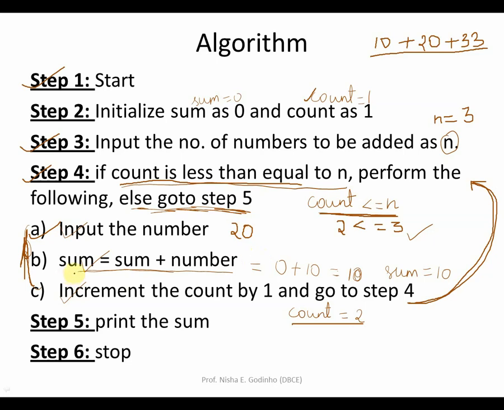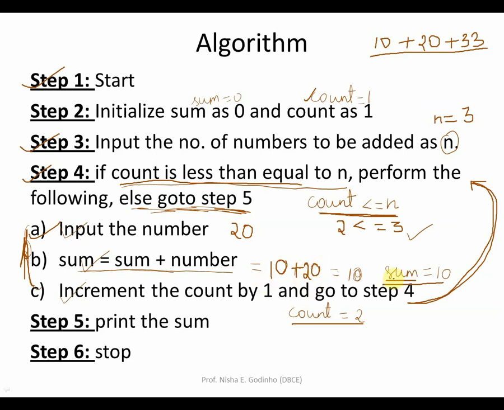Now the next thing to be done is sum plus number, which you have to do. Now sum, in the previous step when we executed, sum value was 10. Hence this sum value will be 10 plus the second number to be added is 20. So I will make this a 20.